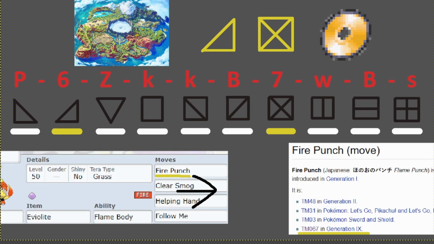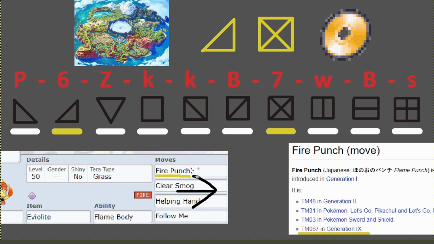So on the top bit, you saw the region of Paldea with the symbol for the 2nd slot and the symbol for the 7th slot. And there is also a TM here, and this TM is a fire TM. So if you looked on the team, the only Pokemon that has a fire type move is Magmar with the move Fire Punch. In fact, that's specifically why I picked Magmar, because I thought it would be a good Fire Punch user.